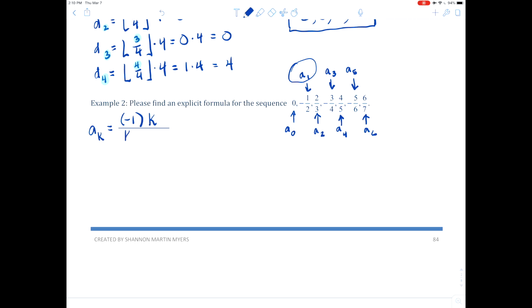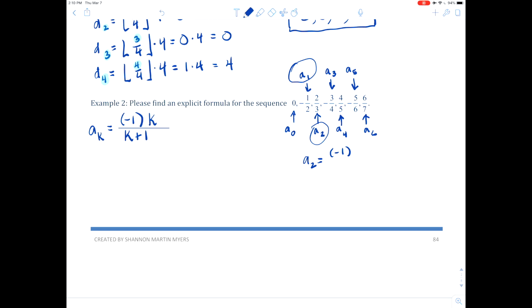Beautiful. I would just need to add 1 to k. So that's a proposed general term here. So what do you think? Does it work for the next one? Again, ignore that -1. So for A2, A2 would be -1 to something, right?